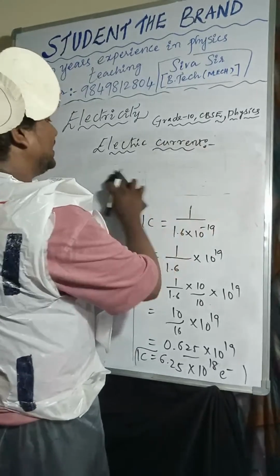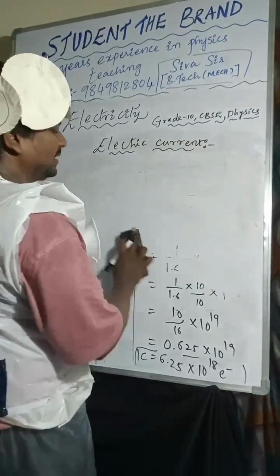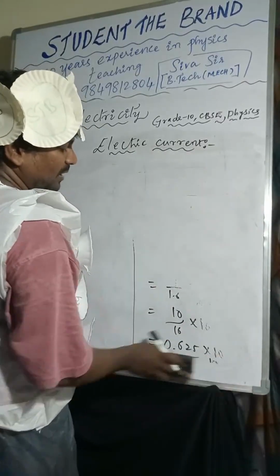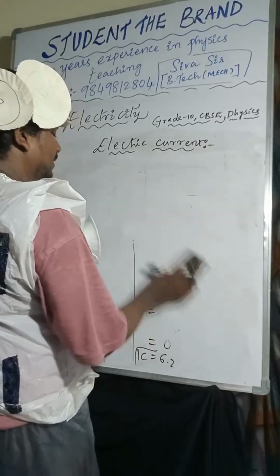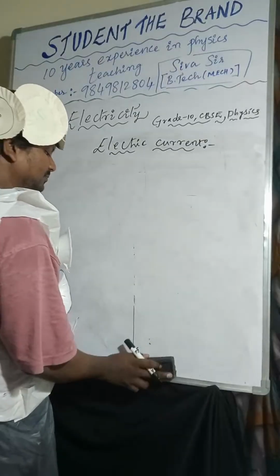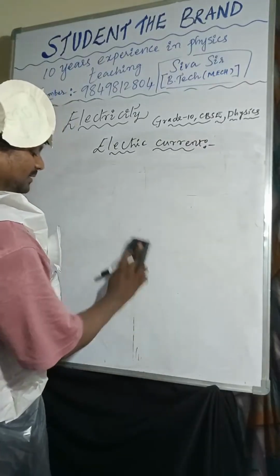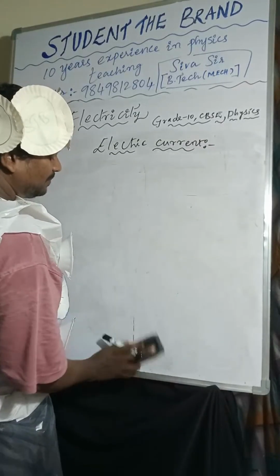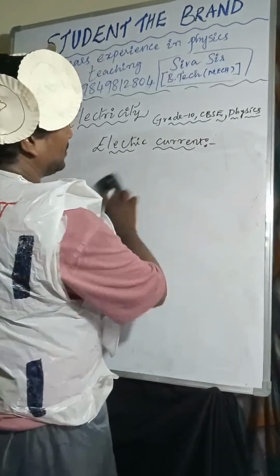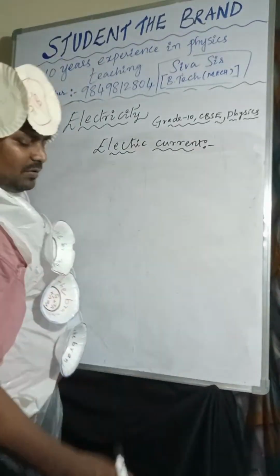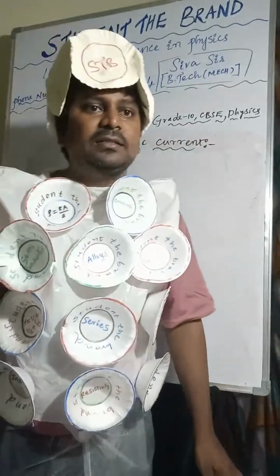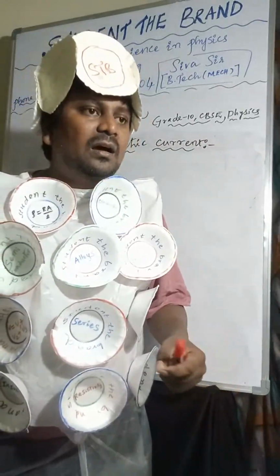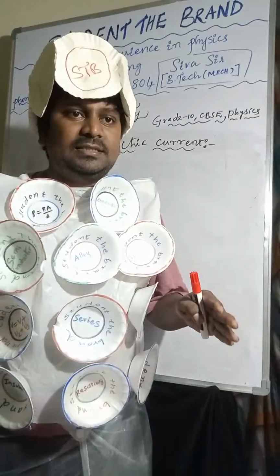And coming to the next one, we'll go to the electrical appliances. If you know the electrical appliances, automatically I can explain about the electric circuit.